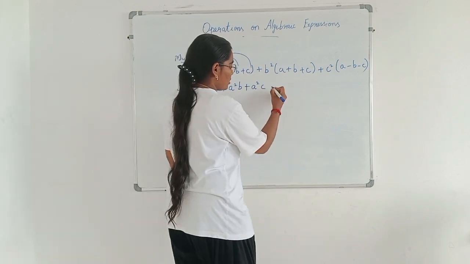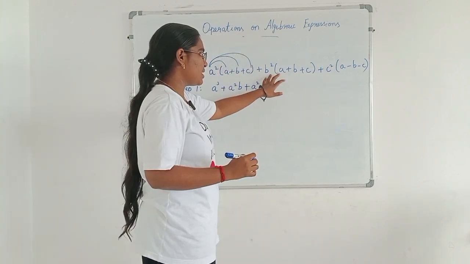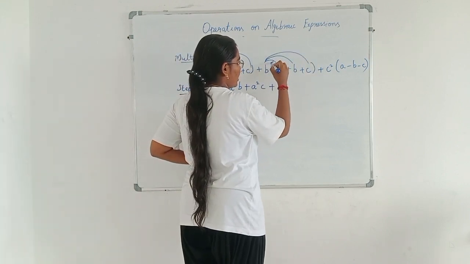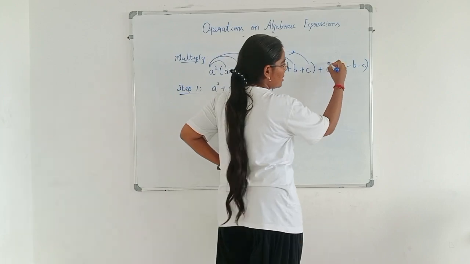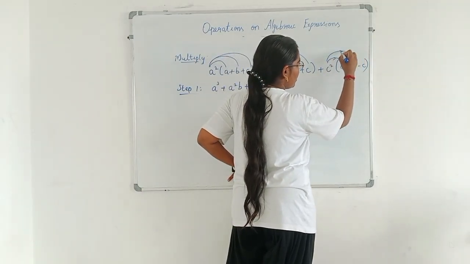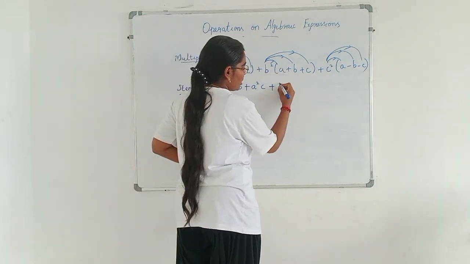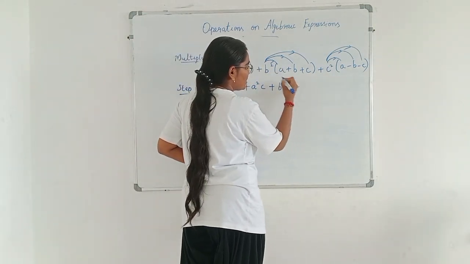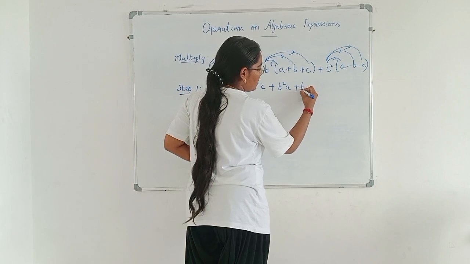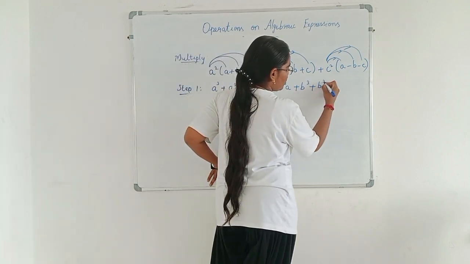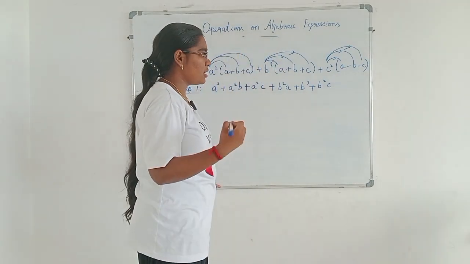In a similar way, next plus b square with these three terms individually, right? And this c square with these three terms individually. So b square into a, b square a, plus b square into b, b cube, plus b square into c, b square c.